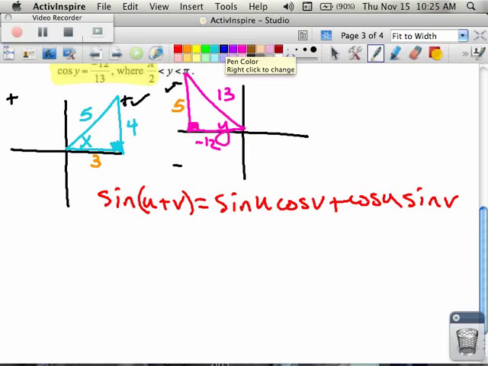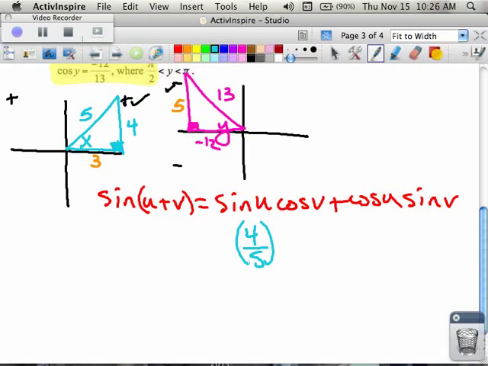If I write that down, looking at my two triangles, in the u triangle, the sine of u, which is the same as my x, is going to be... Look in the blue triangle, what's the sine? 4/5. Good job. In the blue triangle, the sine of the angle is 4/5. Opposite over hypotenuse.